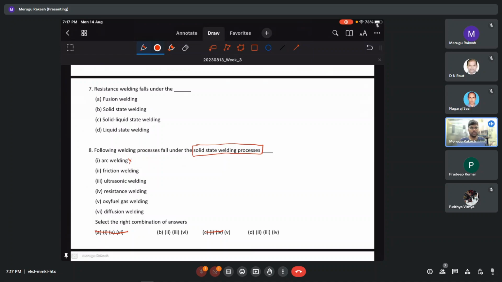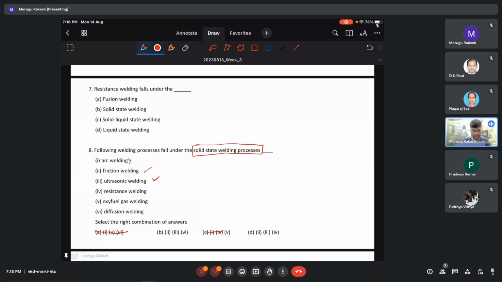Okay. Friction, resistance, and diffusion, when it will come. Second, third, sixth. We'll see. So the second one is friction welding, which is correct. Then ultrasonic welding is also correct.